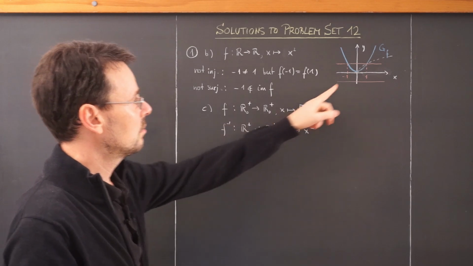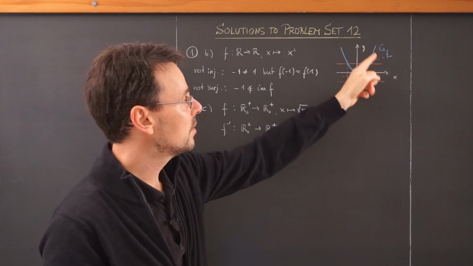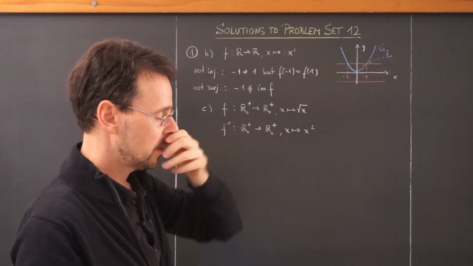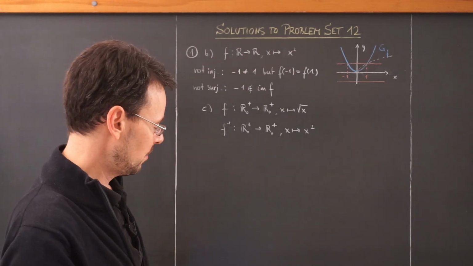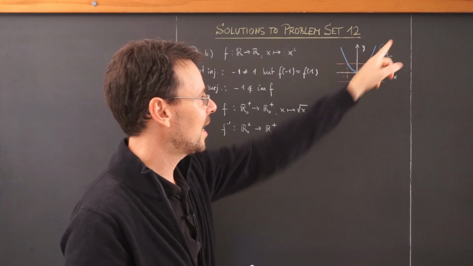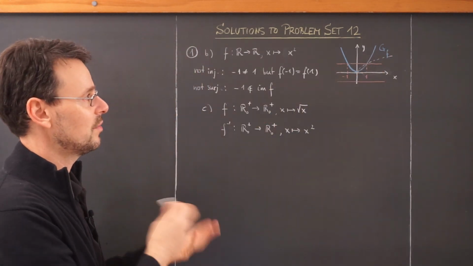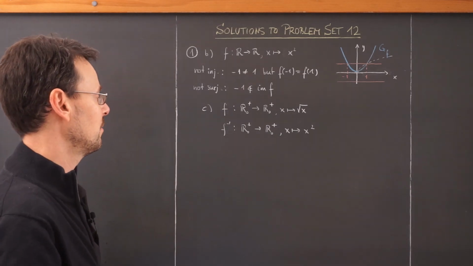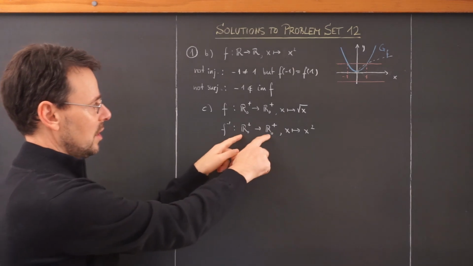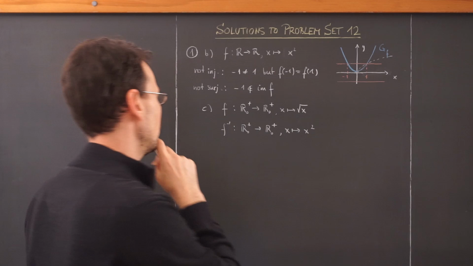This would be the graph of the square root function, and maybe you remember from high school that if those two are mirror symmetric to this diagonal with slope 1, then the functions are inverse functions of each other. So my claim is that this here is the inverse function. And behold, those are different domains and codomains.